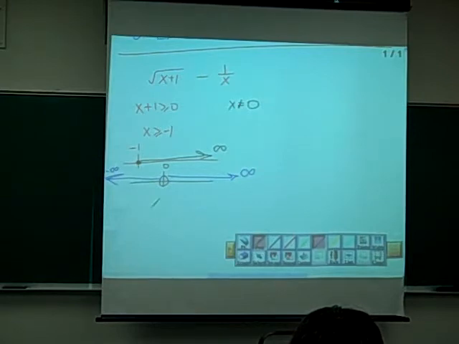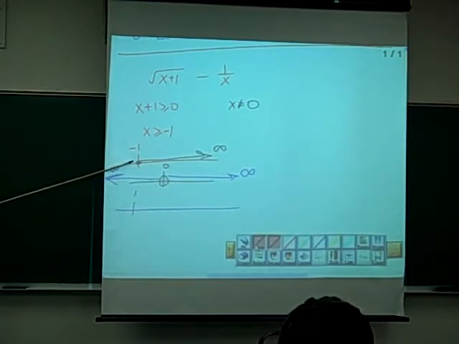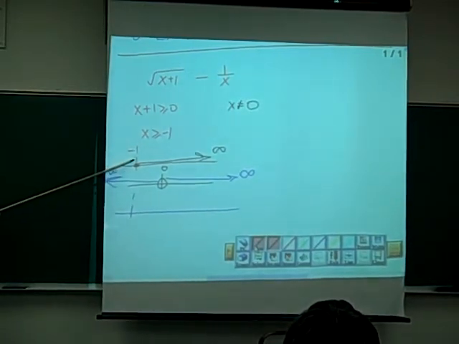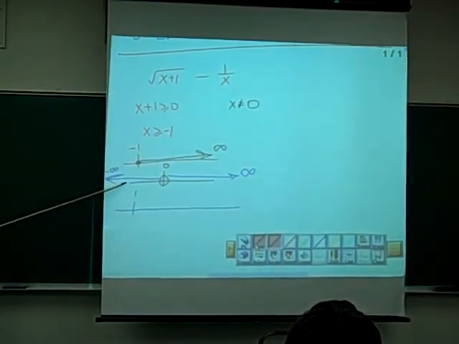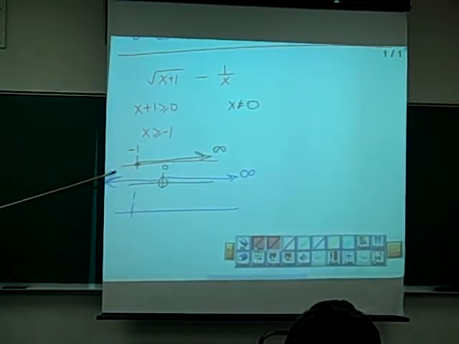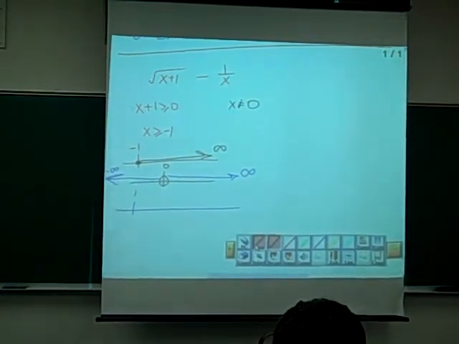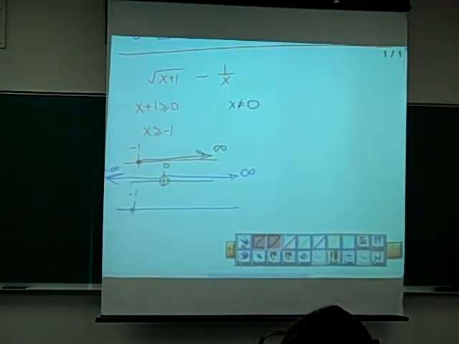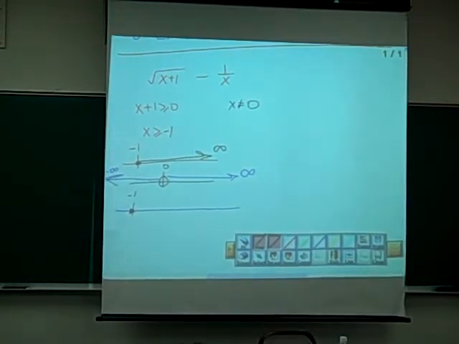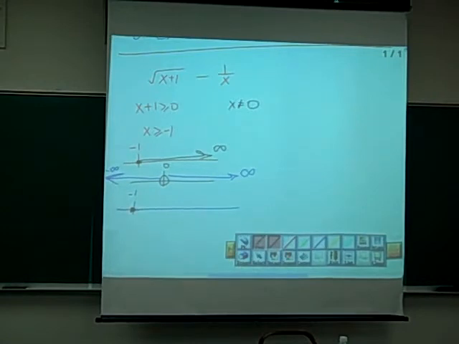So for the first one, what can we not do? We cannot go less than negative 1, so I'll make that negative 1. Cannot go less than negative 1, so that's going to the right.